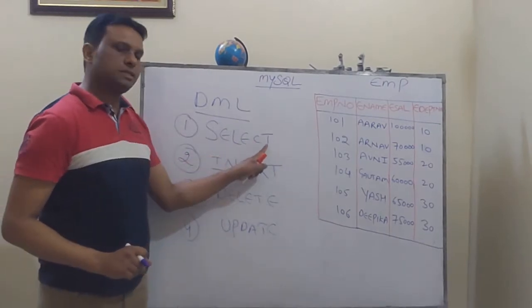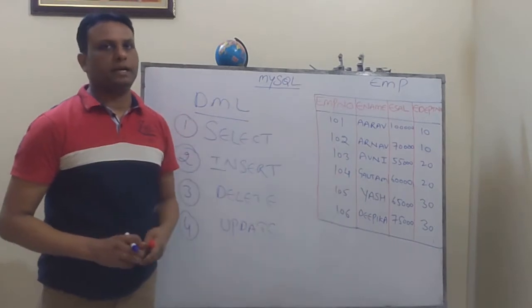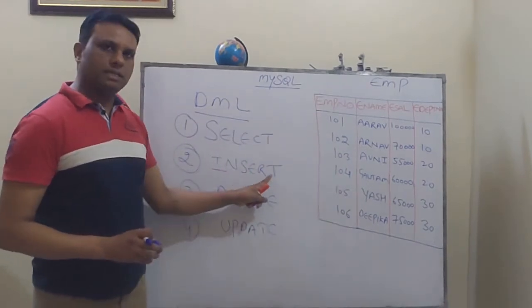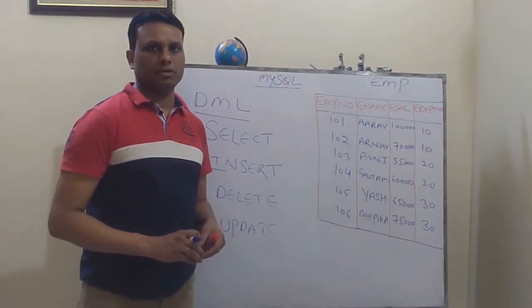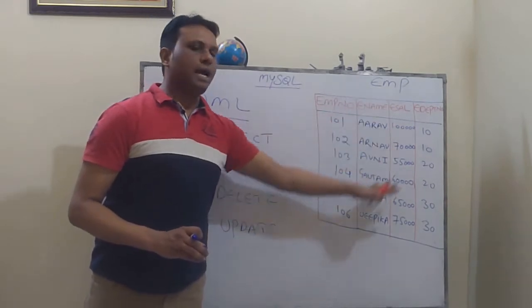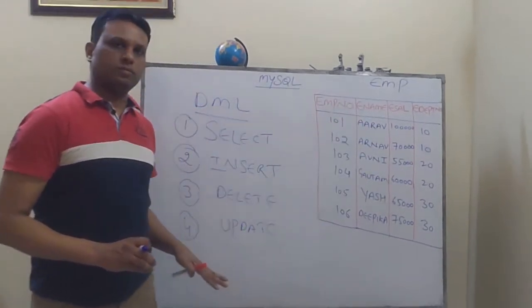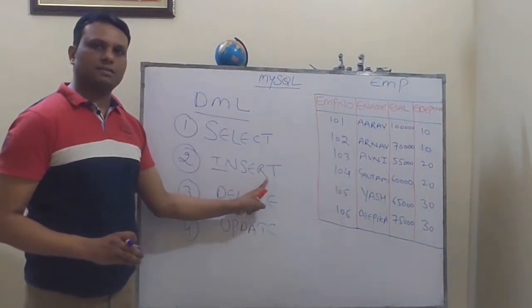The first one is select, to select the data from the table or from any database object. Then insert. Insert command is used to input values inside the database object. You know, with create command we are able to create only empty tables, empty database objects. If you want to put records inside it, then we have to use insert.